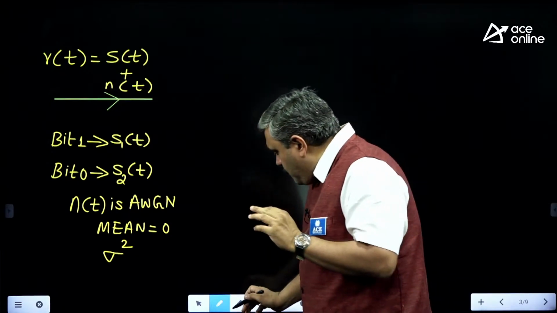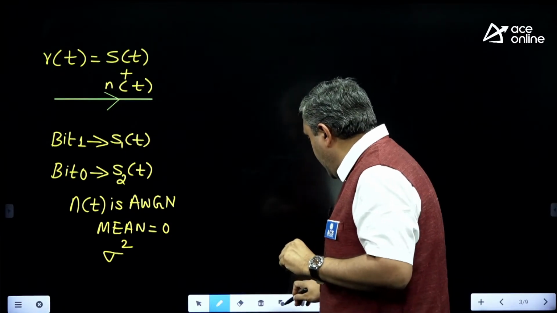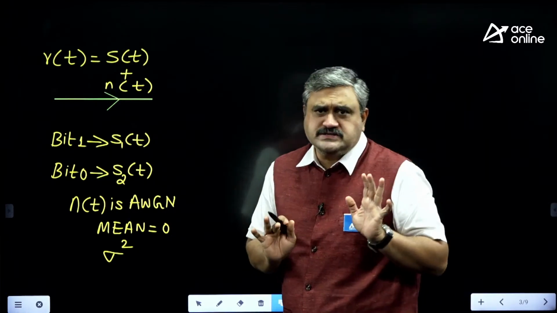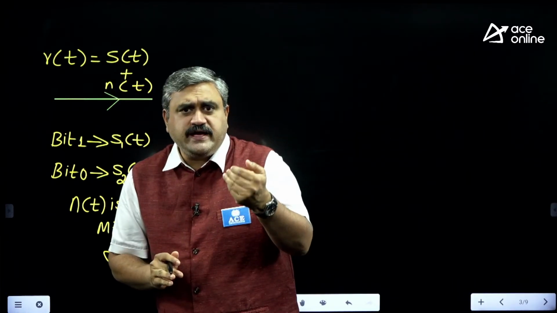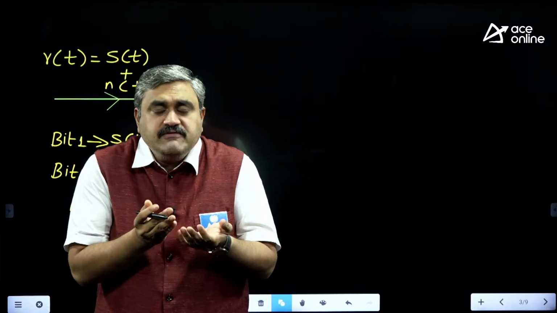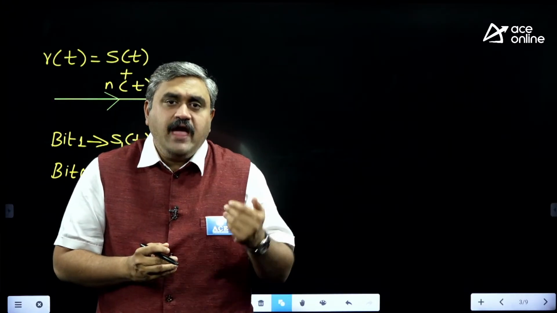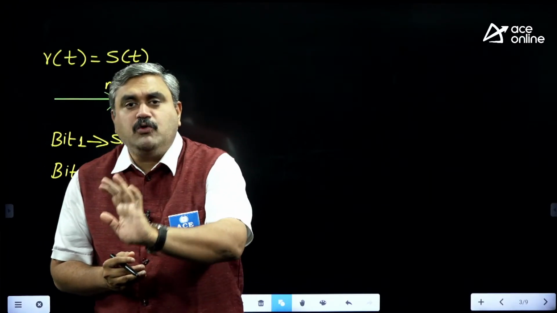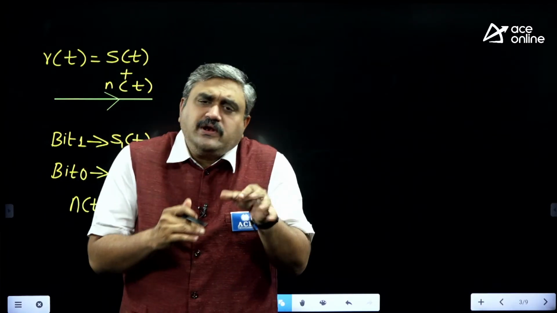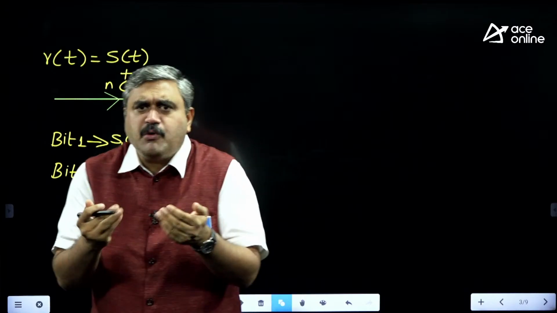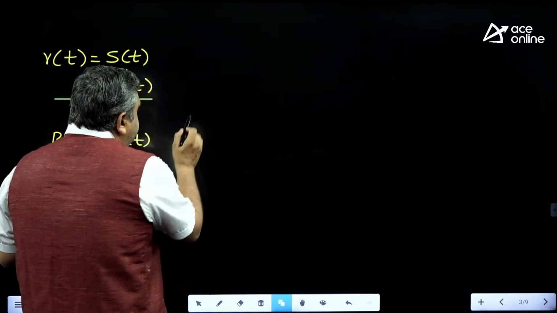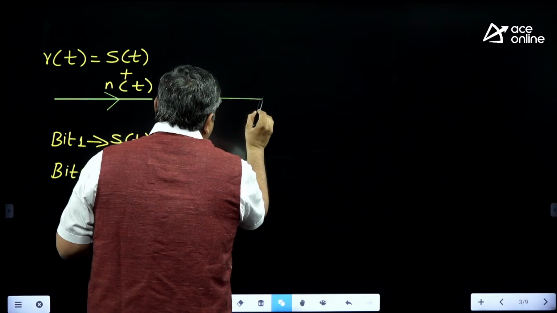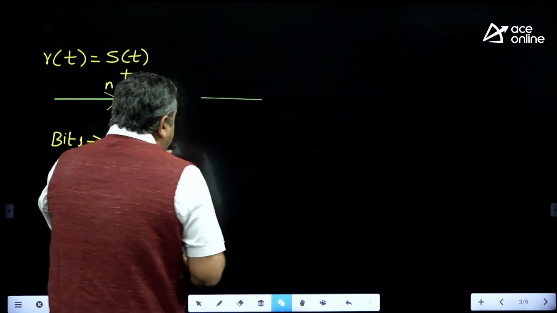Now, once you get your signal at the input of the receiver, it will be processed through various blocks. Like if you take a synchronous detector, what will happen? Your signal will get multiplied by carrier and then goes to a low pass filter, and then it will develop an output voltage. Okay, so let it be any type of receiver. Receiver model is up to you. Once it gets processed, I am not taking all the blocks. I am just taking the processed component.